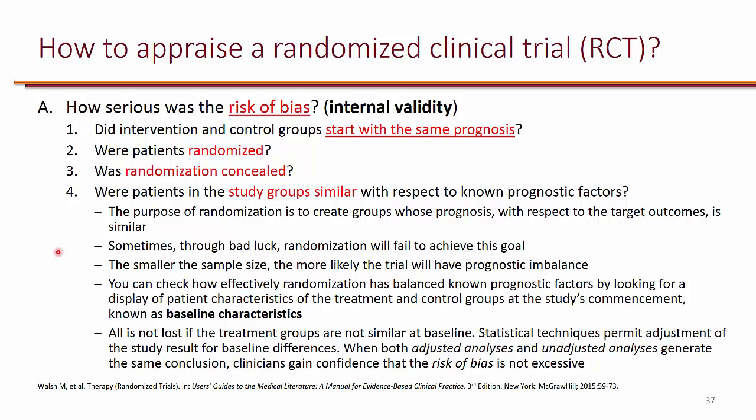So anytime you look at the randomized clinical trial, usually you will be provided with a table in the study or in the article that's referred to as baseline characteristics. So in those baseline characteristics, you basically should look for risk factors that are of prognostic value, and make sure that those values are similar between the two groups. And if the randomization is done correctly, they are typically equal between the two groups.